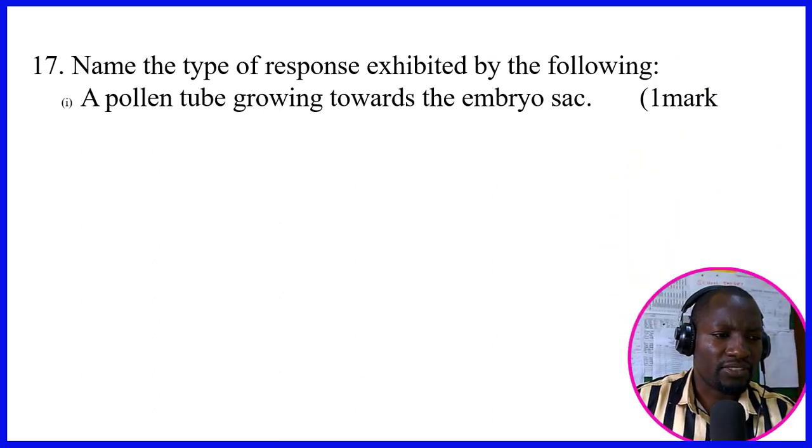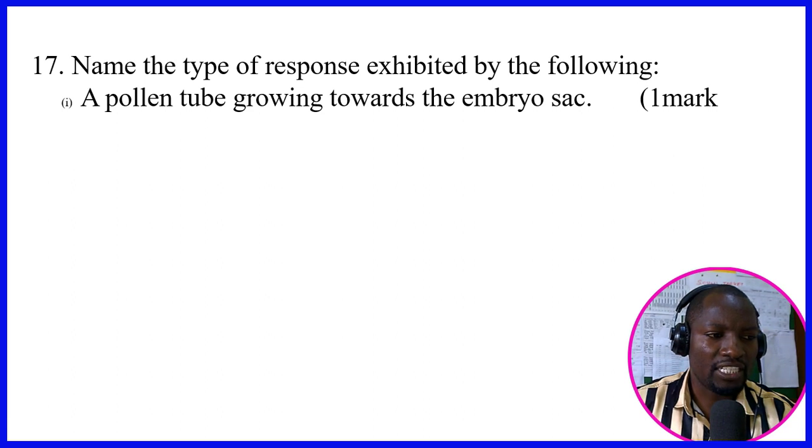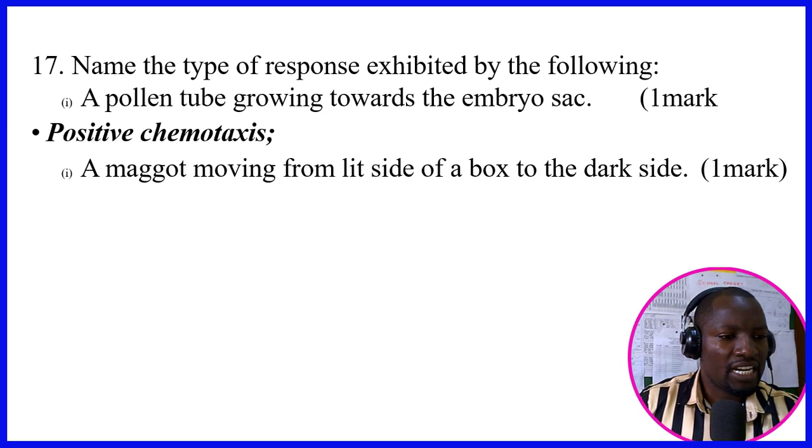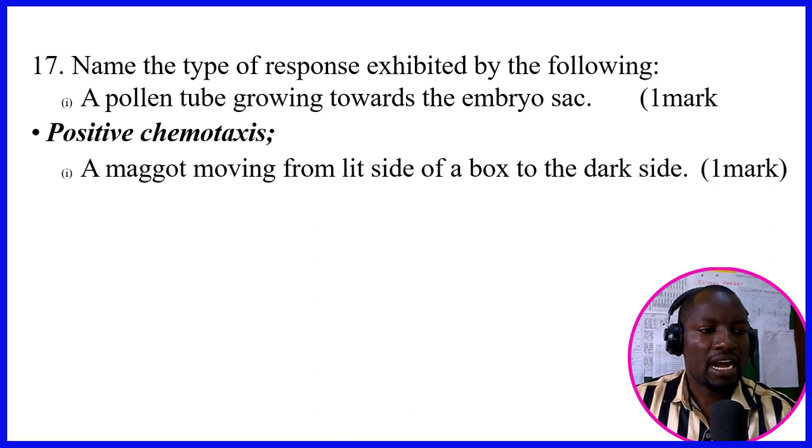Name the type of response exhibited by the following. Number 1, a pollen tube growing towards the embryo sac. That's a positive chemotaxis.